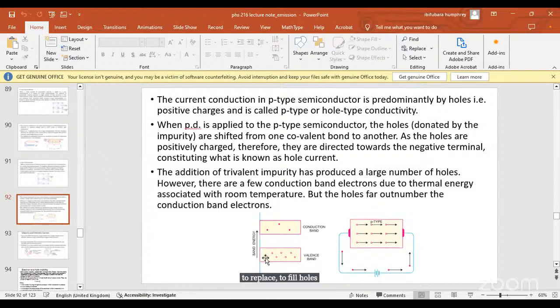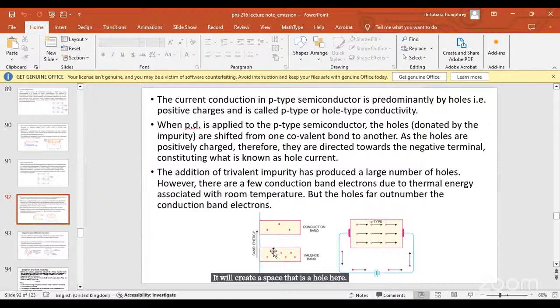For instance, I hope you are seeing the mouse pointer here, this part where I'm pointing. If an electron jumps from this point across, this is the valence band, across to the conduction band, it will create a space, that is a hole, here.